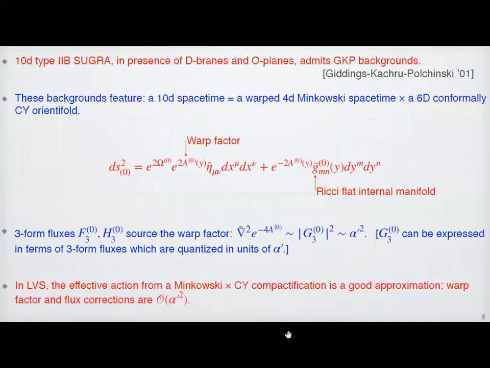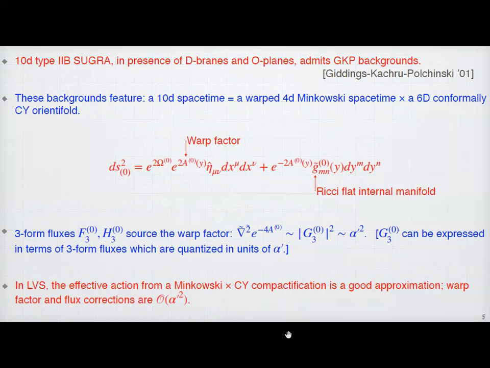Okay, so now a few statements about what is there. In type IIB supergravity with the inclusion of D-branes and O-planes, we have GKP backgrounds. Their features are a warped 10D spacetime.